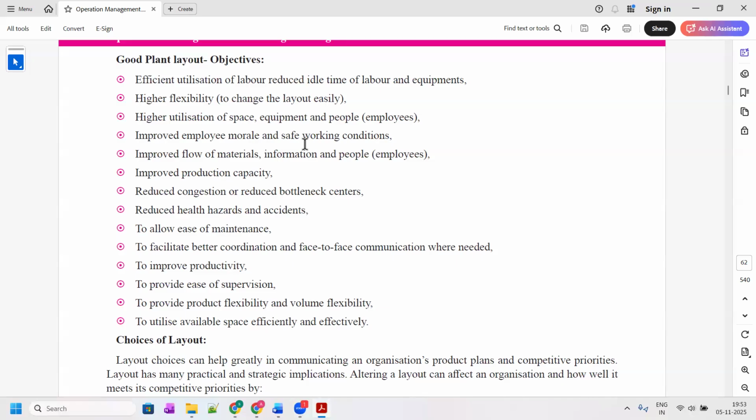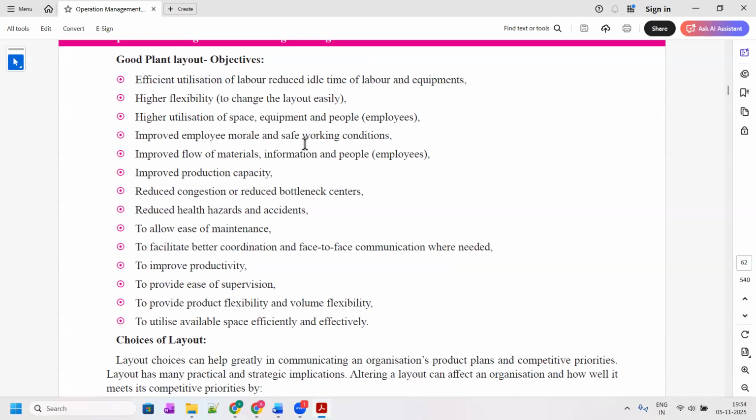Okay, the good plant layout talks about issues like congestion or bottlenecks, and how overcrowding and slowdowns in workflows can be avoided, how accidents and health hazards can be avoided, so that we can have a safe workplace environment.